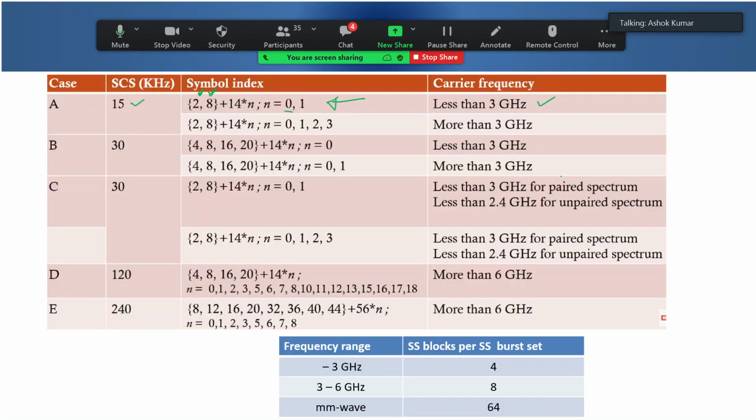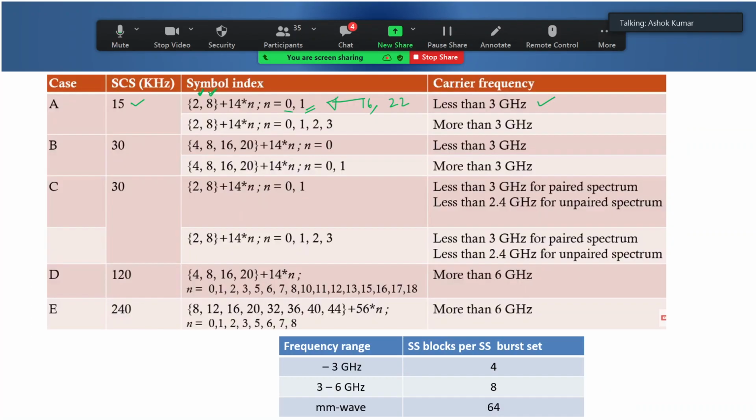Let's go back to the table. Suppose my value of n is 1, then symbol 2 plus 14 into 1 will be the 16th symbol, and 8 plus 14 will be the 22nd symbol, symbol number 22.